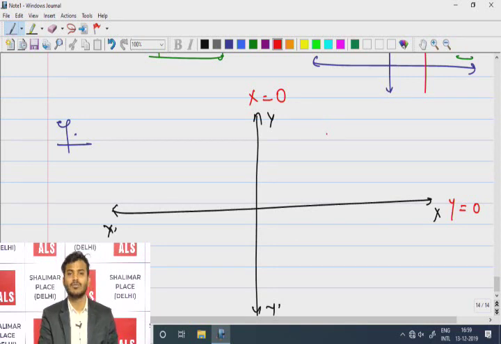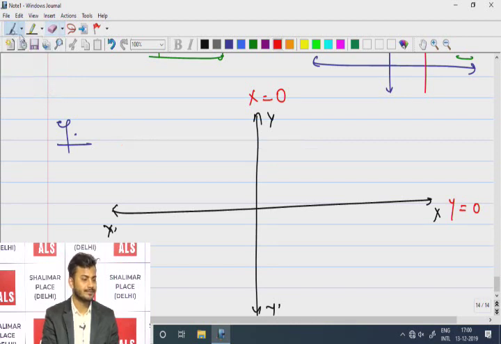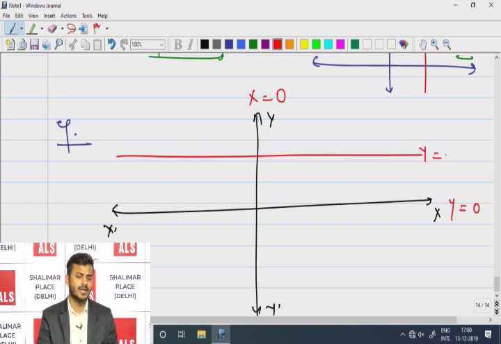If I say y equals 5, what is the line? It is a straight line, but not parallel to the x-axis, right? Okay, assume that this is y equals 5. If a positive constant, we have y equals 5.